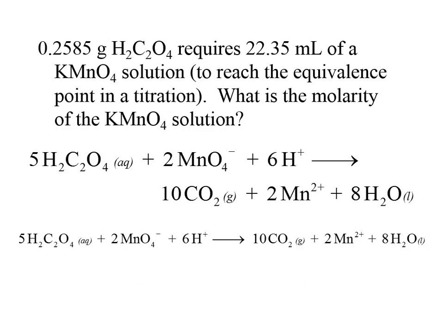So let's go back again and look at the information from the problem. I have a mass now, that 0.2585, to go right under this guy right here. That's my oxalic acid.